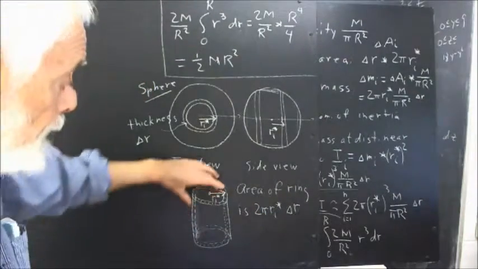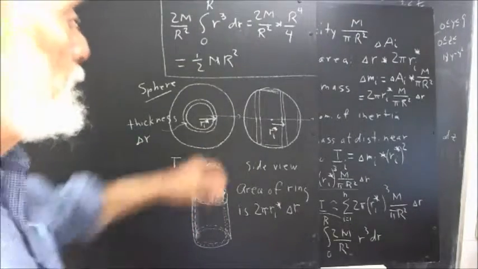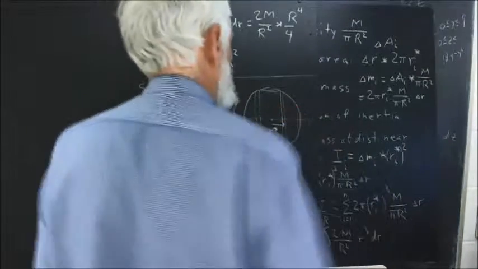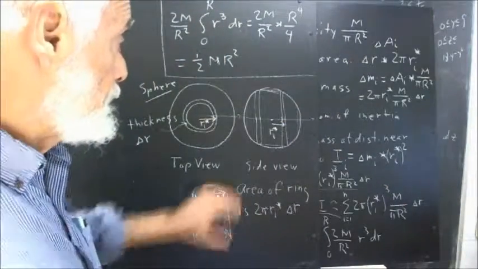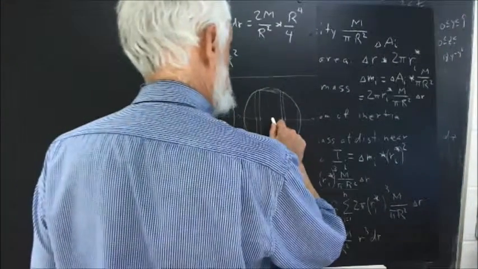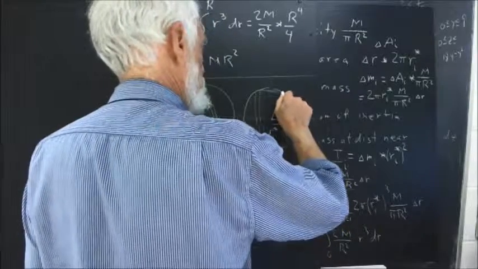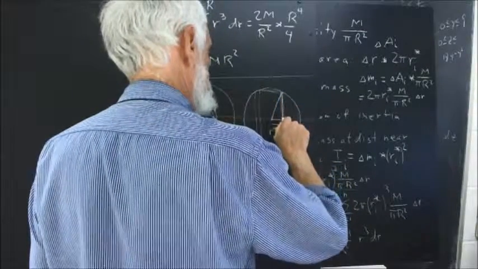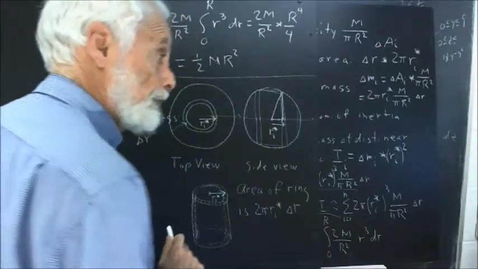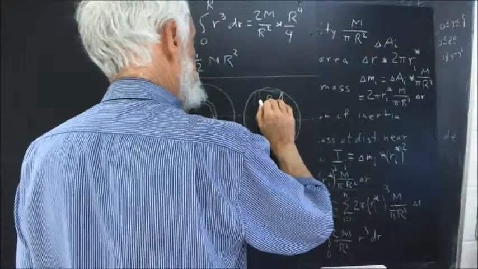In order to find the volume of this shell, we need to find its height. Well, to find its height, we're going to use a triangle, and this should be very familiar from, again, first year calculus. We're going to make a triangle here. Now that triangle is going to have one leg equal to r sub i star, another leg equal to the radius big R of the sphere.